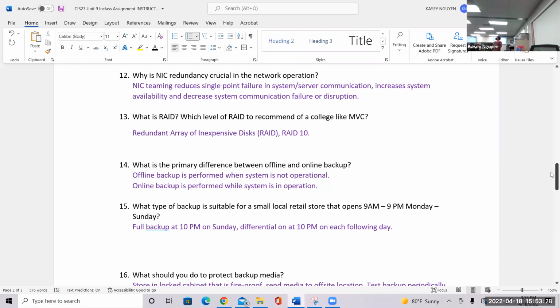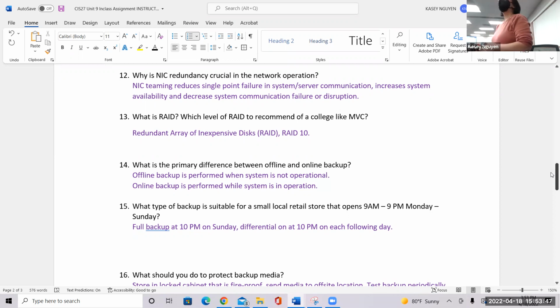Okay? I used to be a backup operator, so backup is fun, but at the same time you've got to test it, right? So in number 15, it asks what type of backup is suitable for a small local retail store that opens 9 to 9.